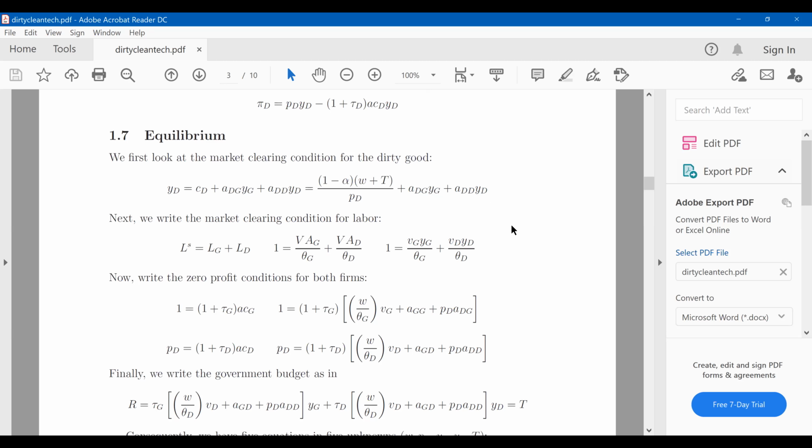Okay. Now I want to write the market clearing condition for labor. This is the general look, right? Labor supply is equal to the sum of labor demand levels by two firms. Then I replace them with their solution. So value added G and value added D, of course, must appear in this way because these are the solutions of labor demand by the firms.